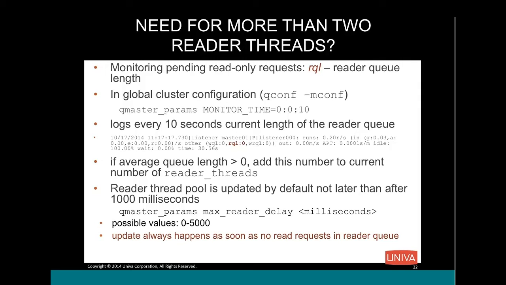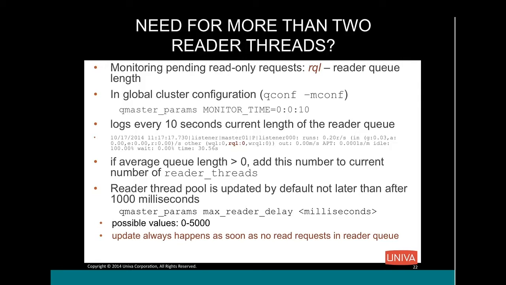I did mention that all the reader threads are looking at a snapshot of the data, the internal data structures of the QMaster, and that is periodically updated. Well, it's updated not later than after 1,000 milliseconds by default. You could reduce it, but this is our default. Reducing it would definitely increase overhead and very likely reduce performance.